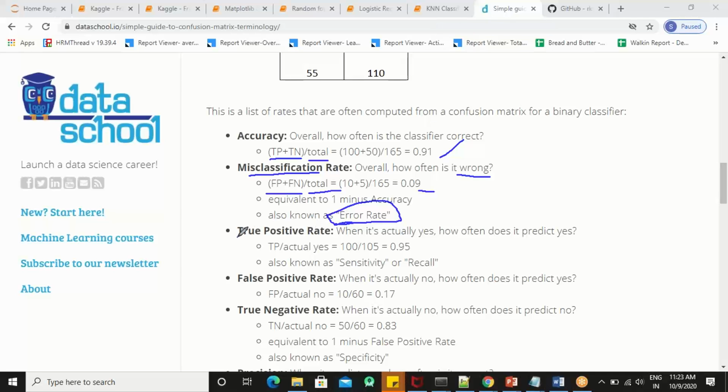These are very simple things like true positive rate, as in true positive जो आपने predict किए, divided by the total actuals.